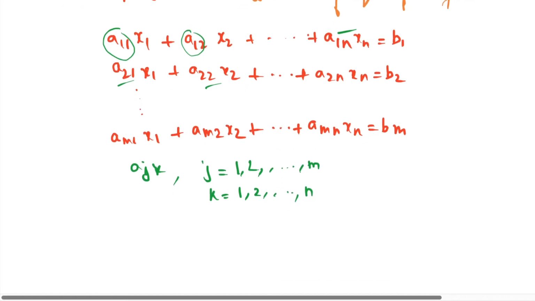These ajk's are known as the coefficients of the linear system of equations, and the coefficients are always given, so they are given numbers.